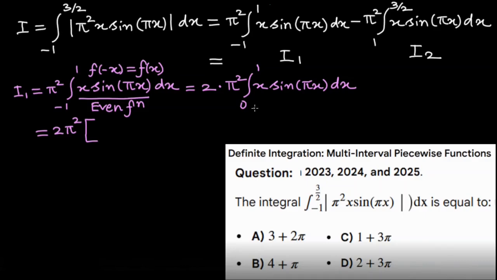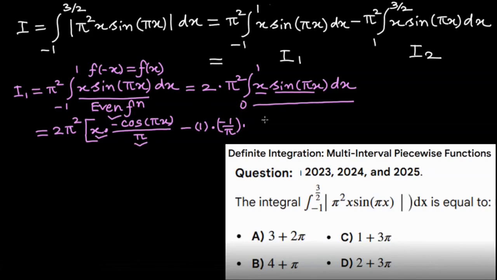Now we will integrate this by integration by parts repeatedly. So first function x into integration of sine pi x, minus cos pi x upon pi, minus derivative of this x, 1, into this, minus 1 upon pi into integration of cos pi x, sine pi x upon pi squared.